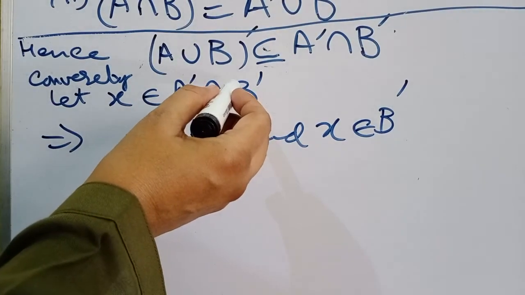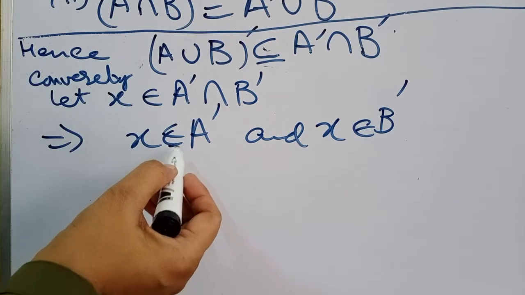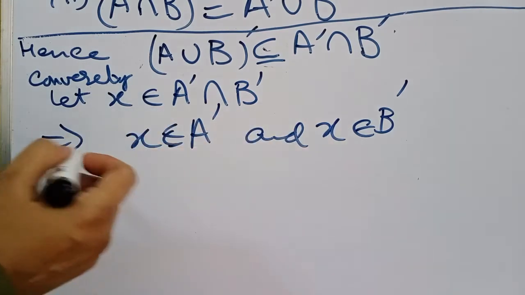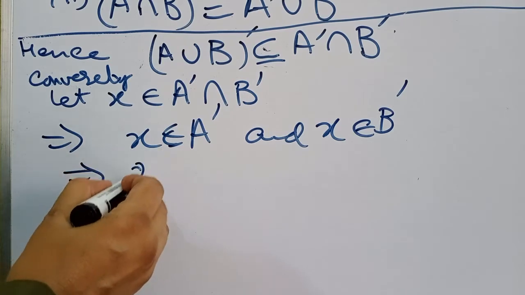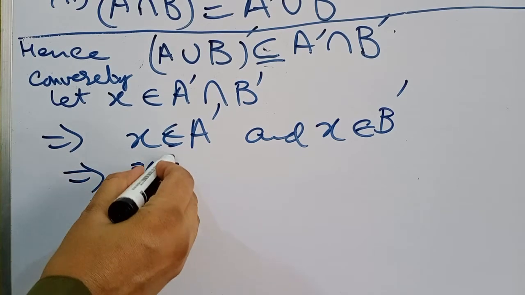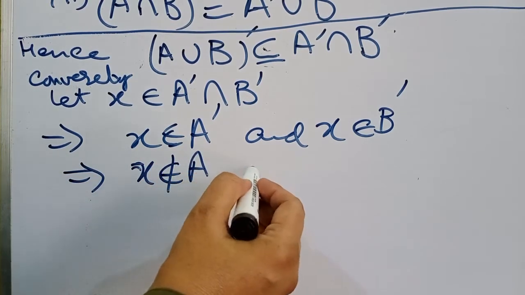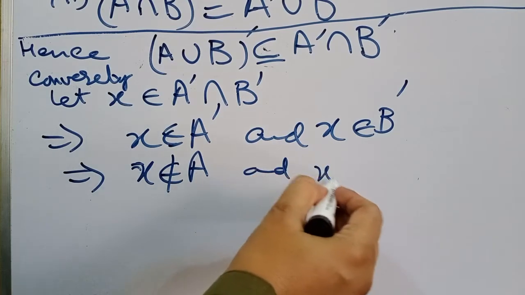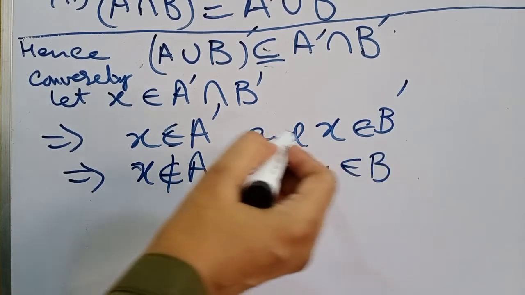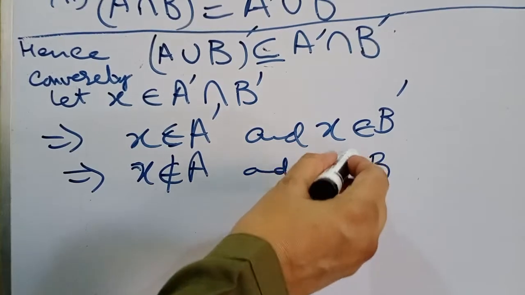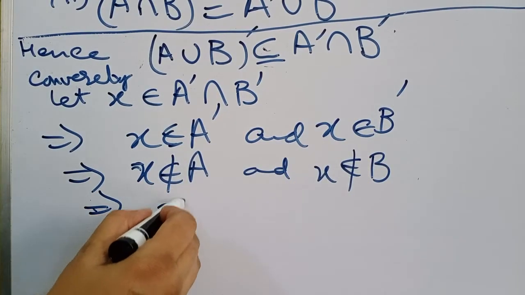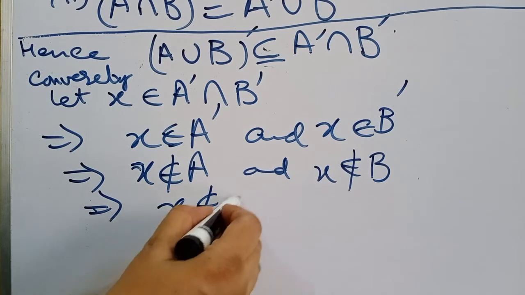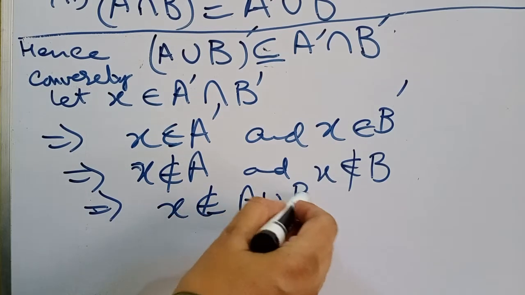So x belongs to A complement shows that x doesn't belong to A, and x doesn't belong to B. This implies x doesn't belong to A union B.